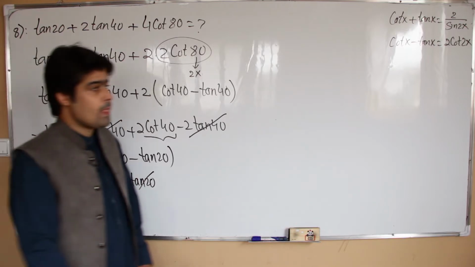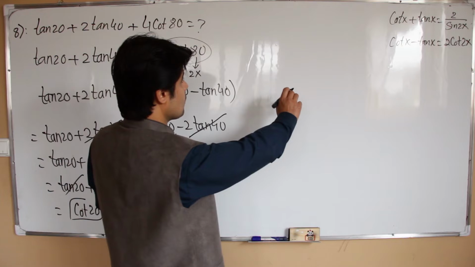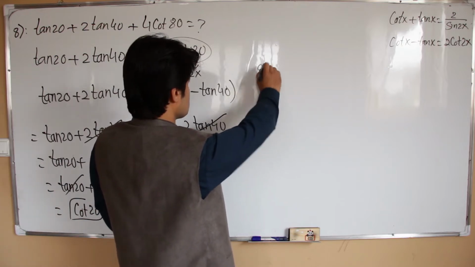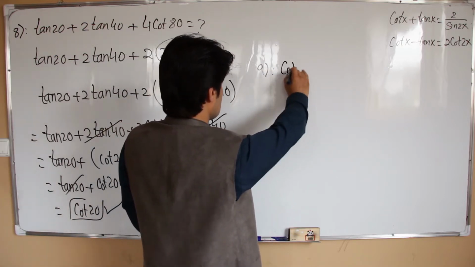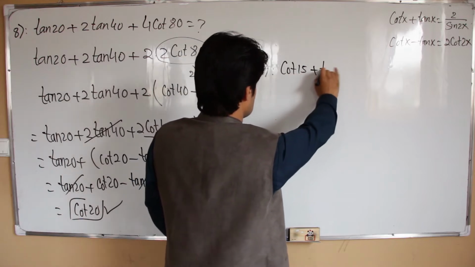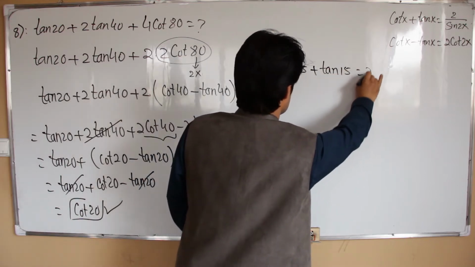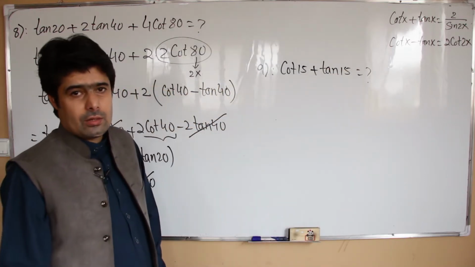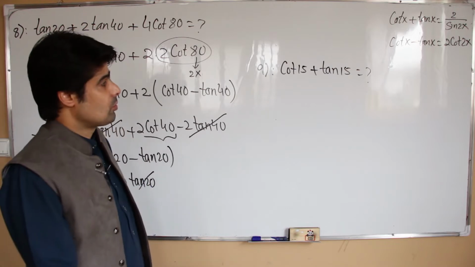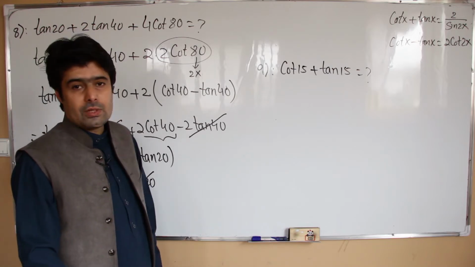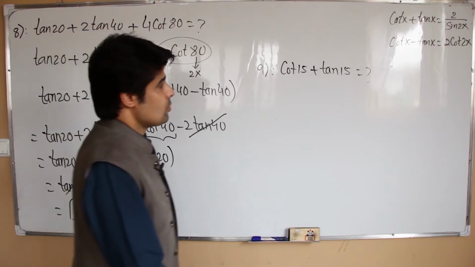One example with the first equation, how we can do it. Suppose we have cotangent of 15 plus tangent of 15. Now, what's the solution for this one? You can find the values of cotangent of 15 and tangent of 15 in your own mind, but we can also use the formula.